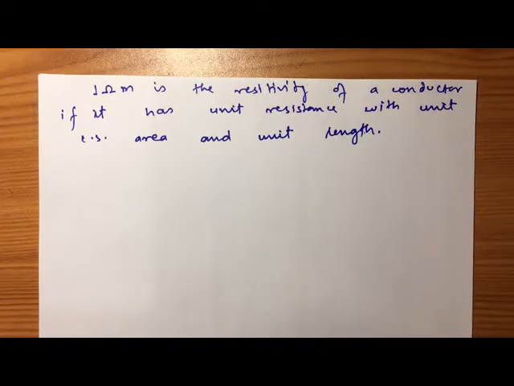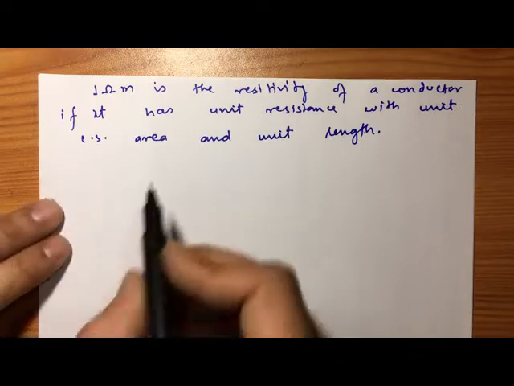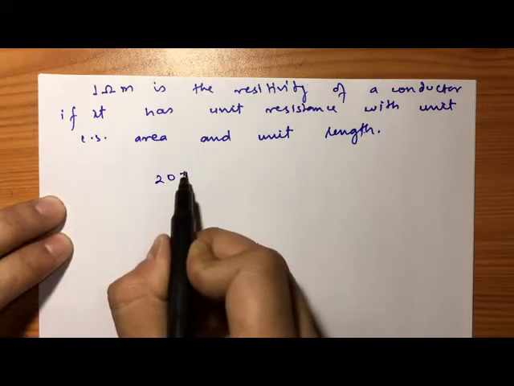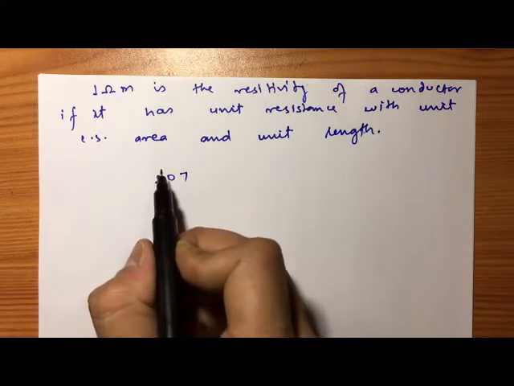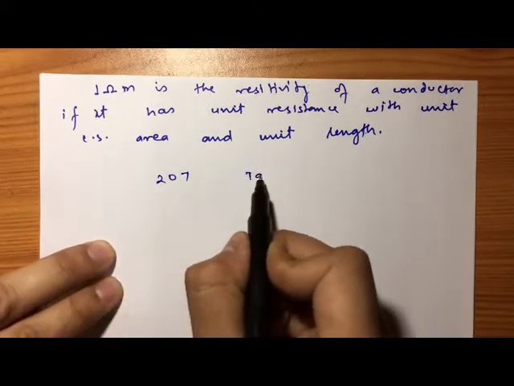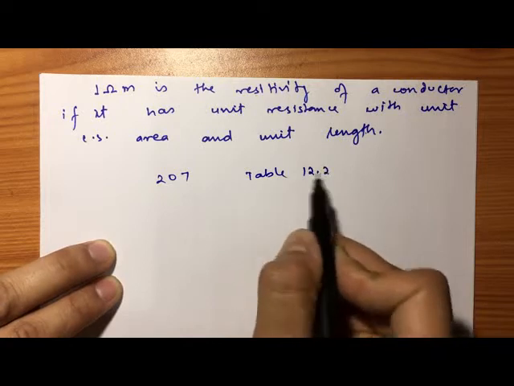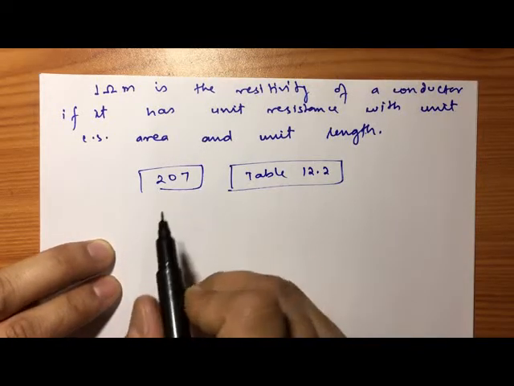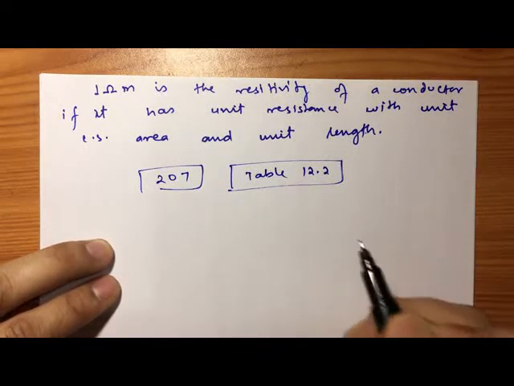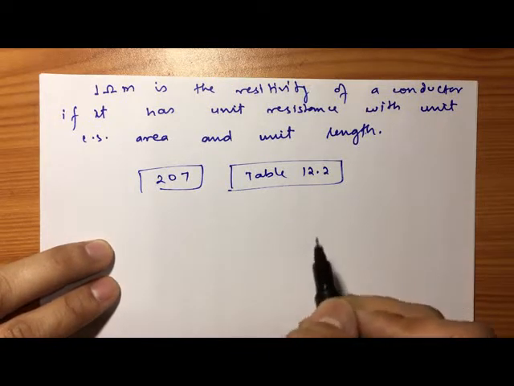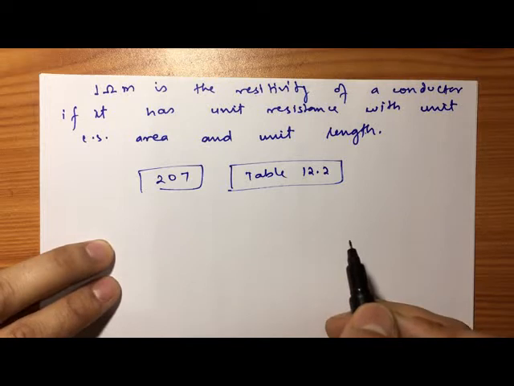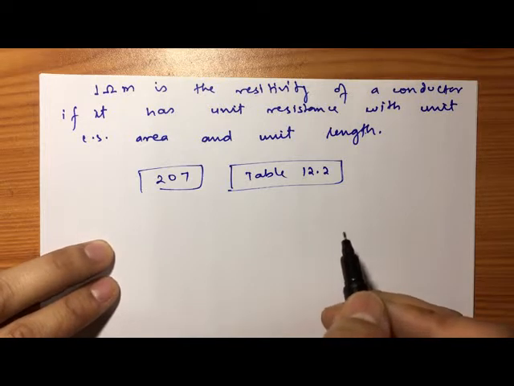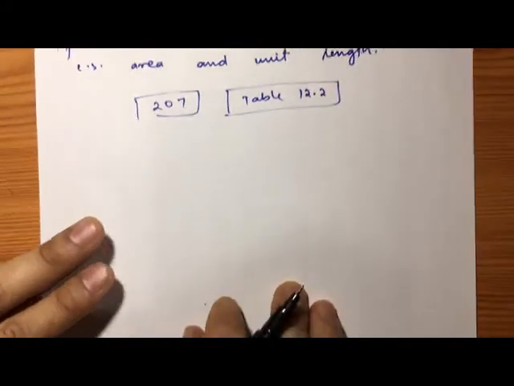So in NCERT, in page number 207, there is a table 12.2, okay? So from there you can know resistivity of several conductors at given temperature. At 20 degrees Celsius it has been given to you.